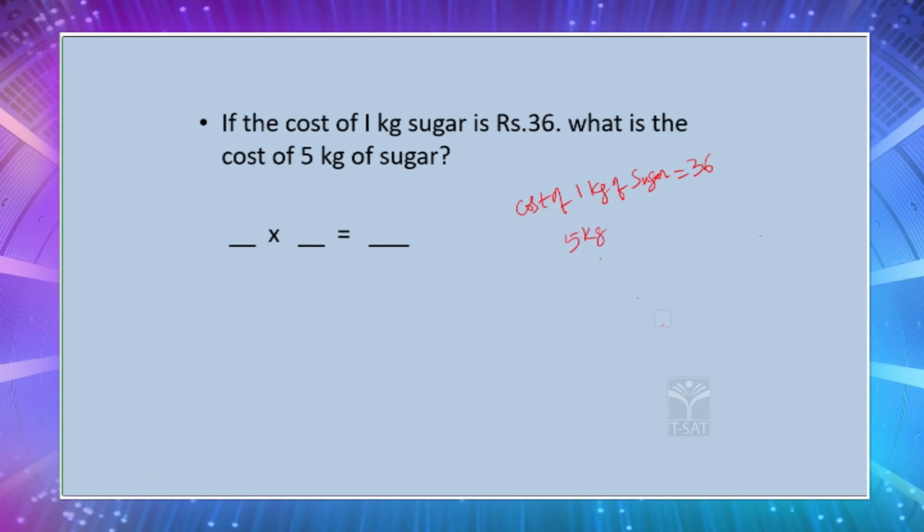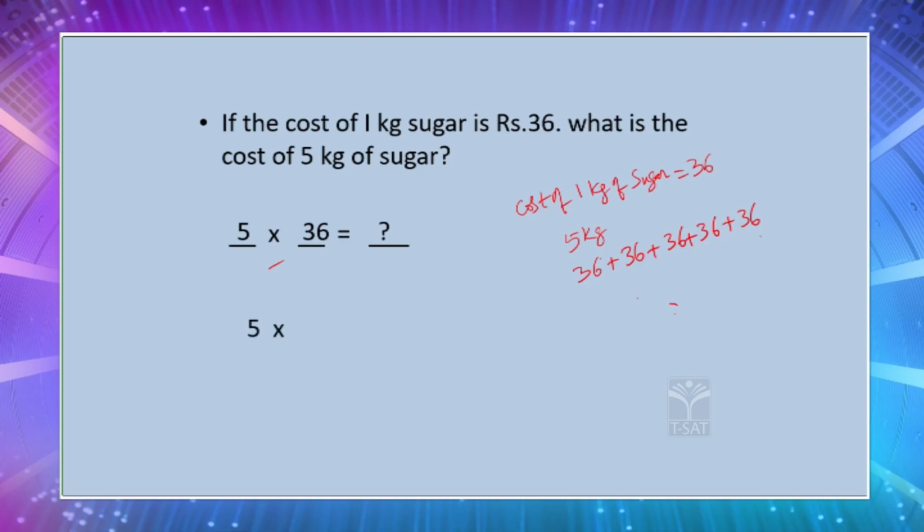That means 36 plus 36 plus 36 plus 36 plus 36. So we have to add 36 five times. See how we can represent this in multiplication form using the multiplication symbol. 5 times 36, that means 5 into 36. How will we find it?